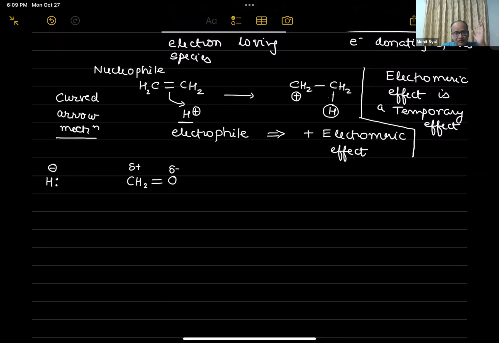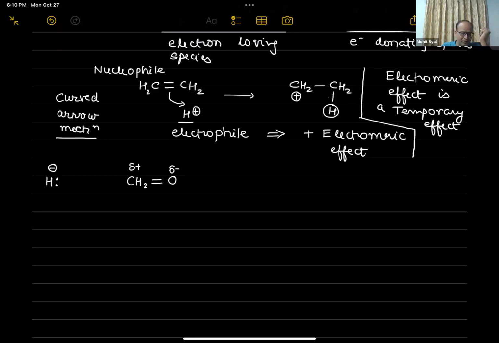It is full of electrons, so it should give its electrons for sharing. Will it accept or give its electron? It will give its electron. Because it already has this extra pair of electrons, how can it accept more? It cannot become more negative.